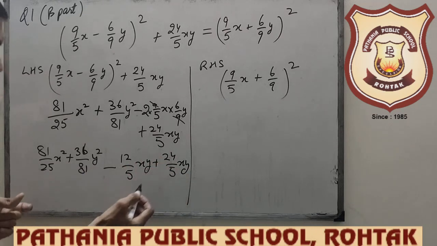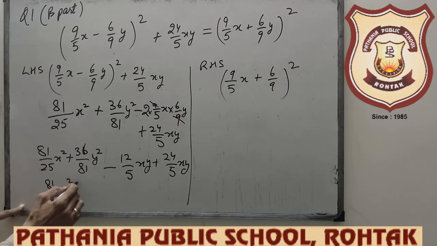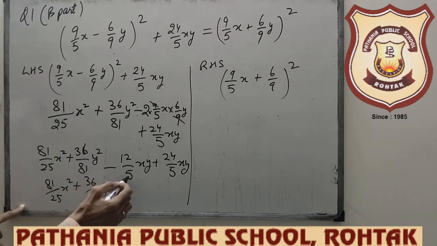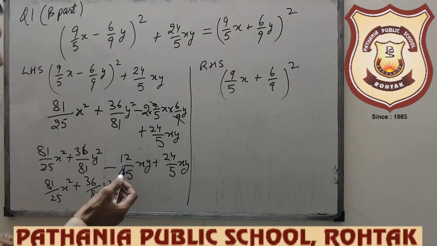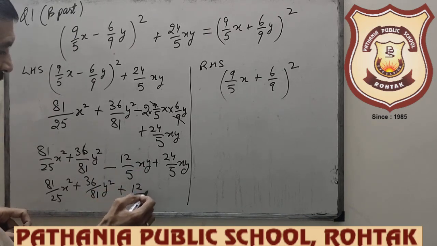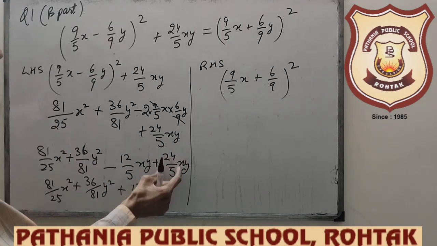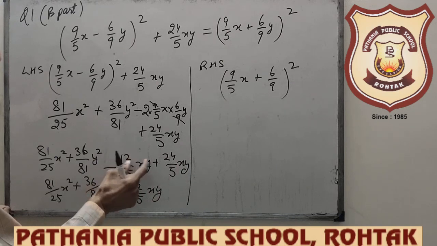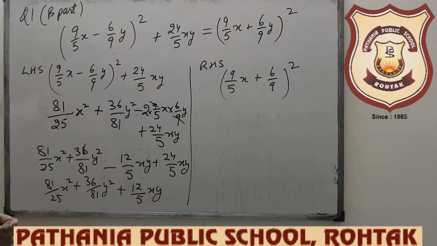Now collect the like terms. This is as it is, 81 by 25 x square plus 36 by 81 y square, and 5 is the LCM. Then 24 minus 12 plus 12 by 5 xy, because these are 24 xy by 5, these are minus 12 xy by 5. So if we add them, 12 xy by 5.